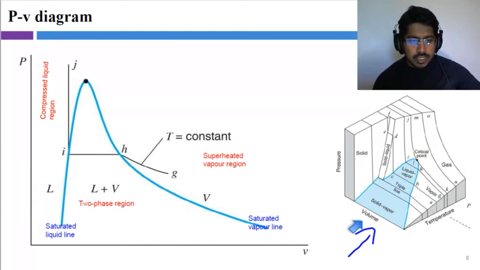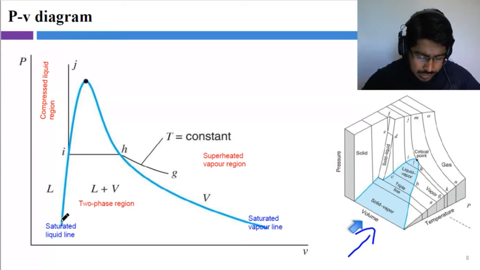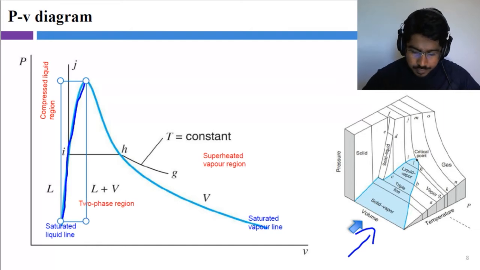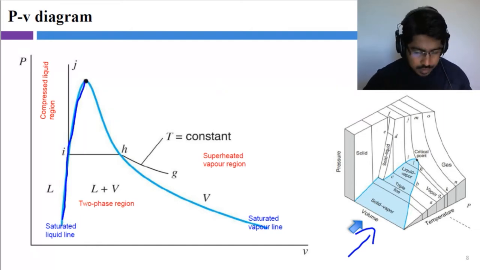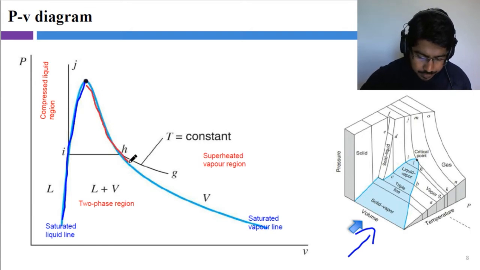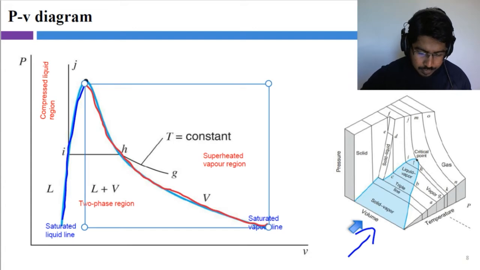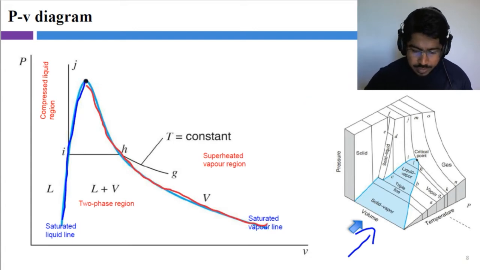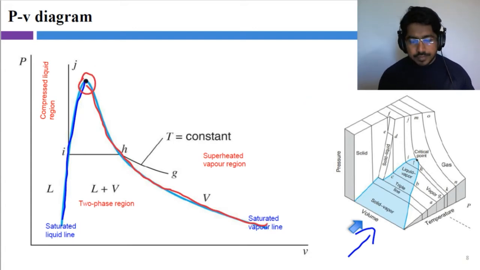Similar to the TV diagram, you have the saturated liquid line here, and then the saturated vapor line here, and then you have the critical point above here where the two lines meet.